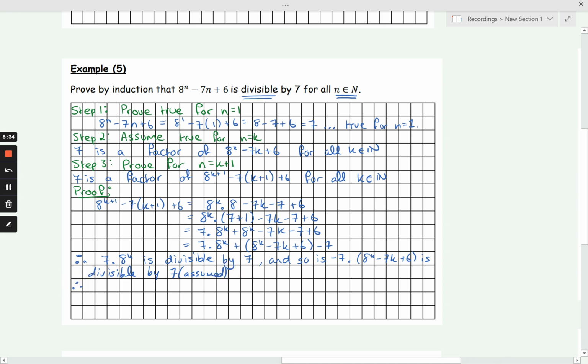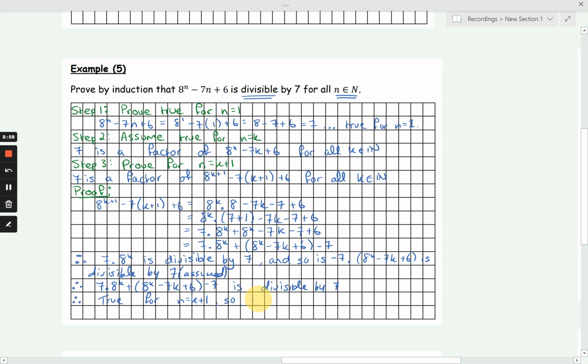So now I can say, therefore, 7 times 8 to the power of k plus 8 to the power of k minus 7k plus 6 minus 7 is divisible by 7. Which means if that's divisible by 7, we can now say it's true for n is equal to k plus 1. So therefore, true for n is equal to k plus 1.